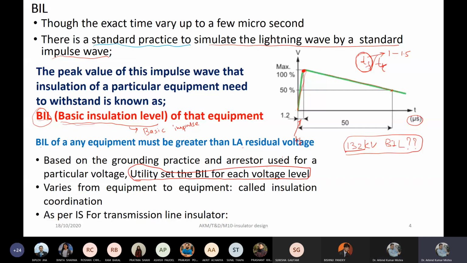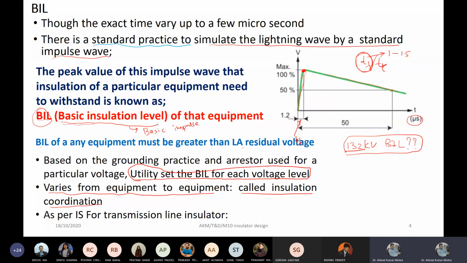And one thing is that this BIL, or basic insulation level or basic impulse level, in the same utility at the same voltage also varies from equipment to equipment, and this is called insulation coordination. What does it mean? That in a system, one equipment may act as a shield or as a backup for the other.